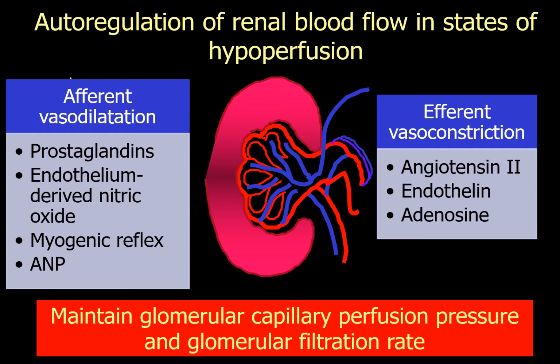The third mechanism is the myogenic autoregulation. Myogenic autoregulation refers to the unique ability of the afferent arterioles to vasodilate in response to decrease in lateral stretch caused by hypoperfusion. Calcineurin inhibitors such as cyclosporine and tacrolimus that are commonly used for immunosuppression following kidney transplants can interfere with this myogenic response.